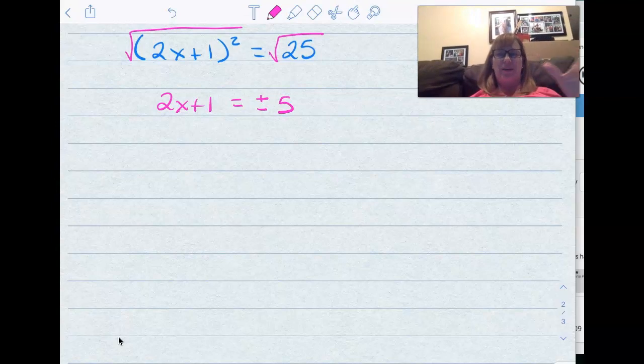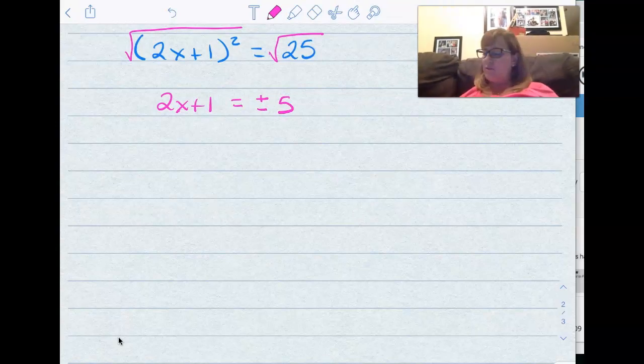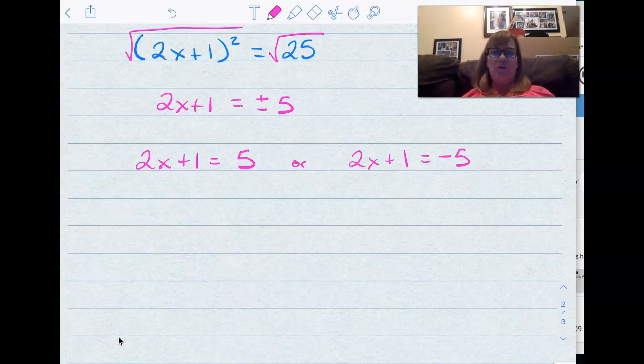Well, at this point, you've got to treat this like two separate equations. So what that means is you're going to have to solve 2x plus 1 equals a positive 5, or 2x plus 1 equals a negative 5. Do you know how to do this? Just like we've been doing all year. Subtract 1 from both sides. 2x equals 4.